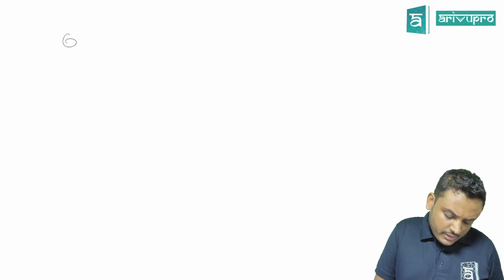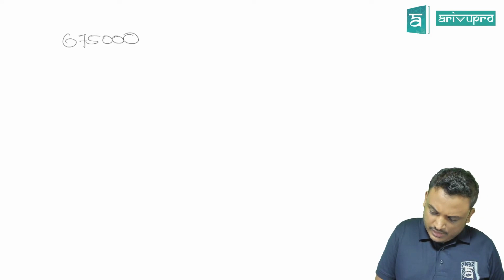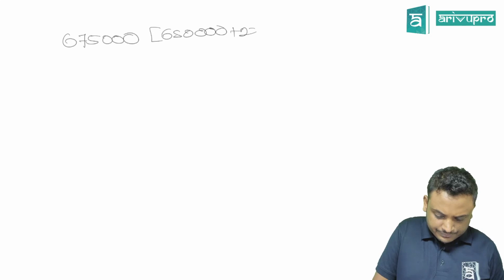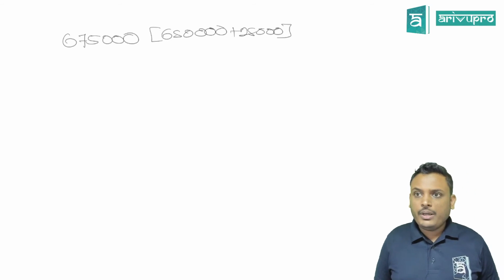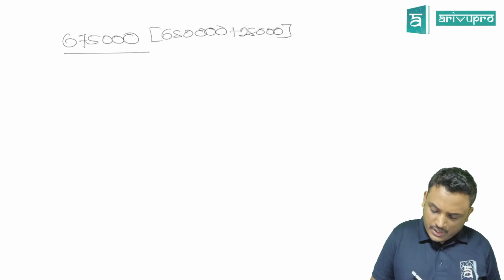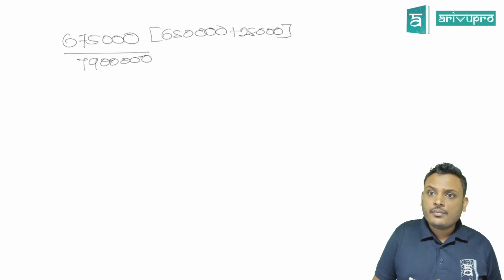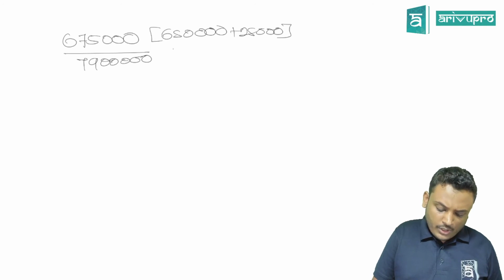How much is this one? Damage to non-current asset, 675,000. Why? Asset 650 plus inventory 25. 675,000 divided by your 7.9 million, right? Profit or revenue? Profit, into 100.